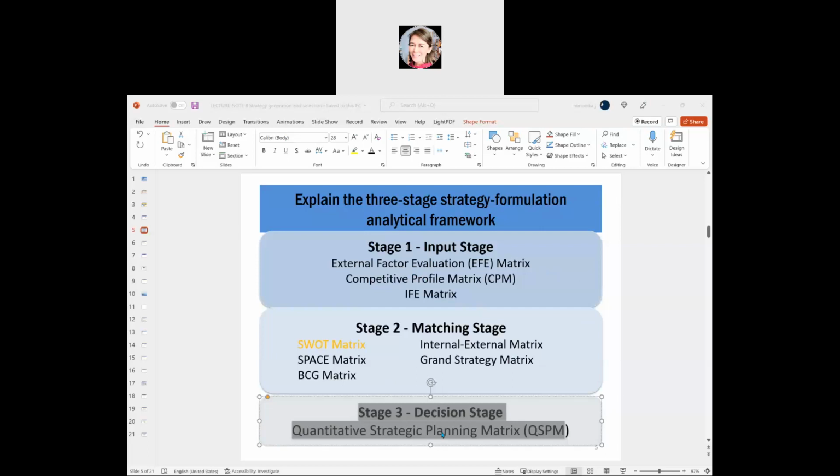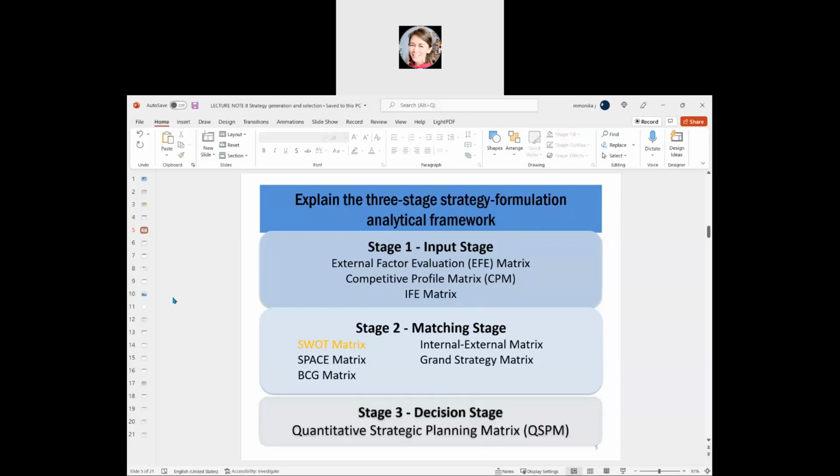Is it one or two, or does it not have to be considered? So you need to work this out as a group. This is what it means by integration of intuition. You need to work together as a group, based on your intuition and analysis: which one is the best selection? Now, this is the three-stage framework.